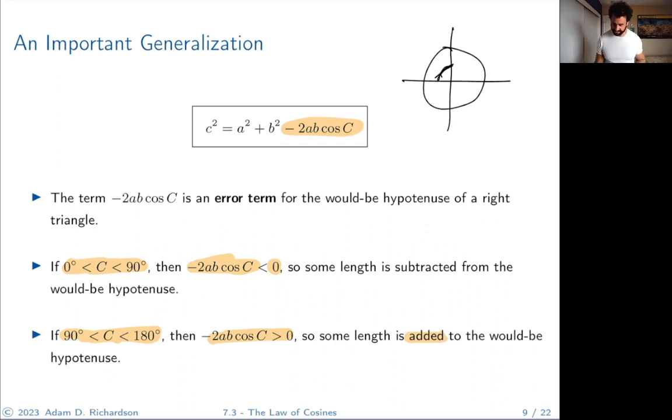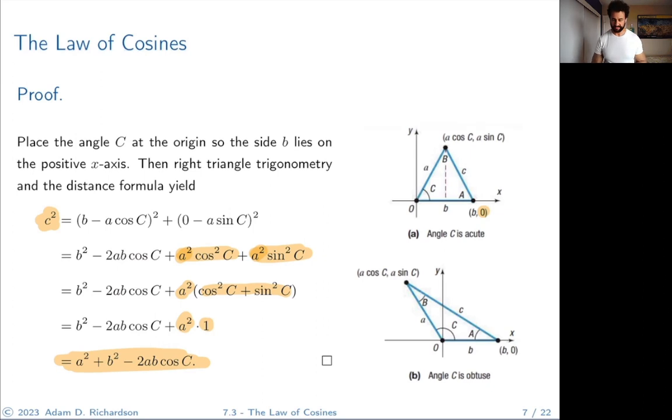And what's funny is you can actually see this right in the picture here. The right triangle would be this. But because that angle C is not 90 degrees, we're going to end up subtracting away some length to get the length of that non-right triangle.